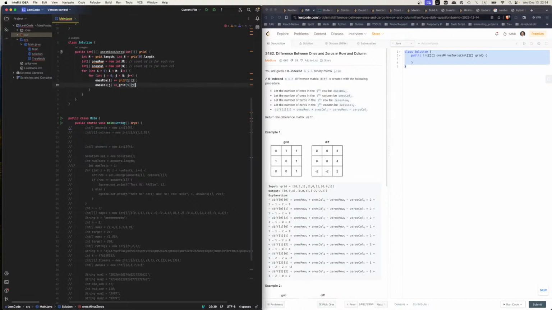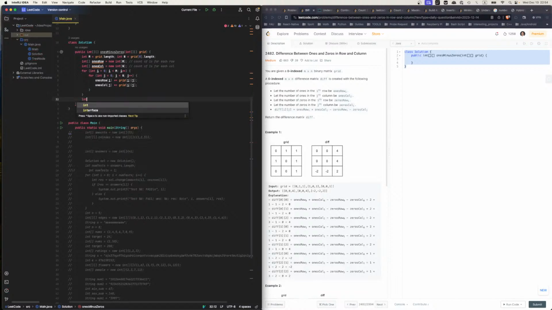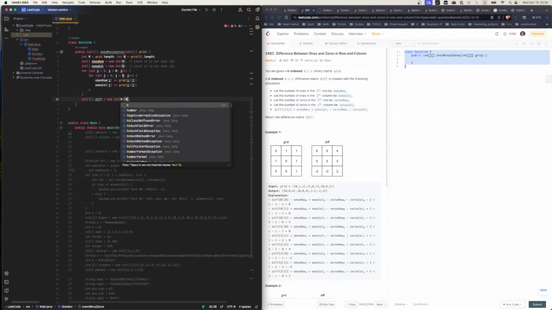That's actually exactly the same as yesterday, right? And then we're done. Now we're going to create int[][] diff equal to new int[m][n].